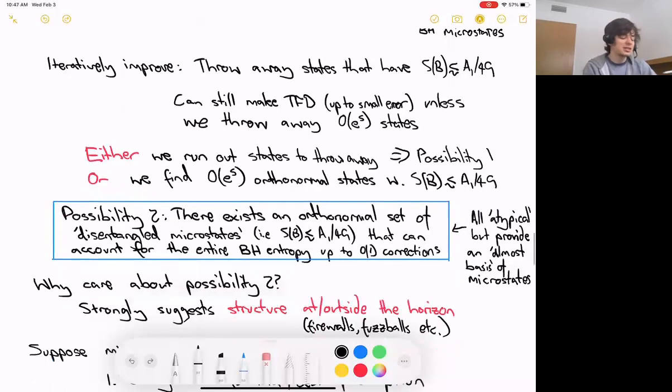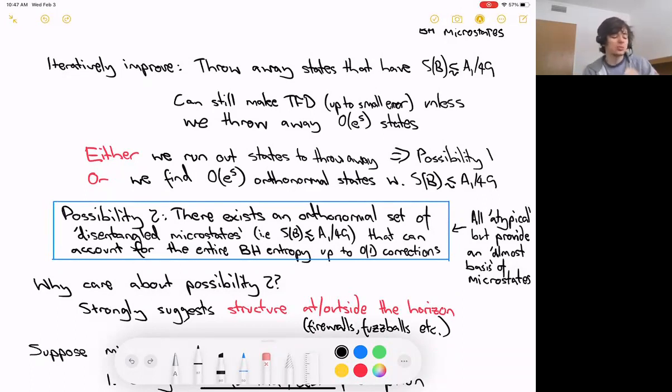Okay, so this is what we call possibility 2. We have this orthonormal set of what we call disentangled microstates. So these are very atypical. If we just look at a random state, it would have much more entanglement.